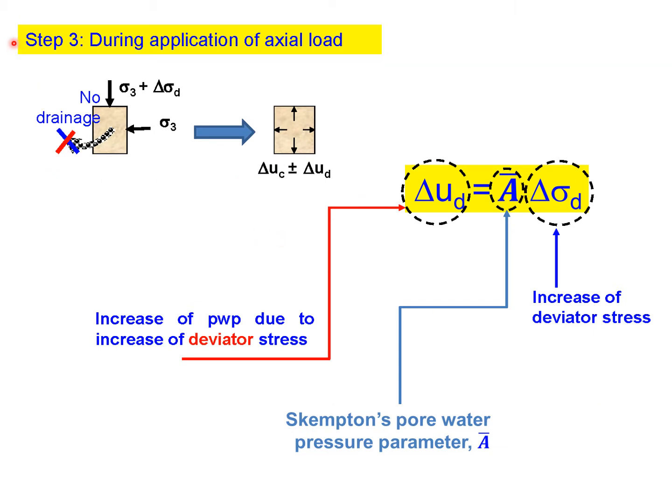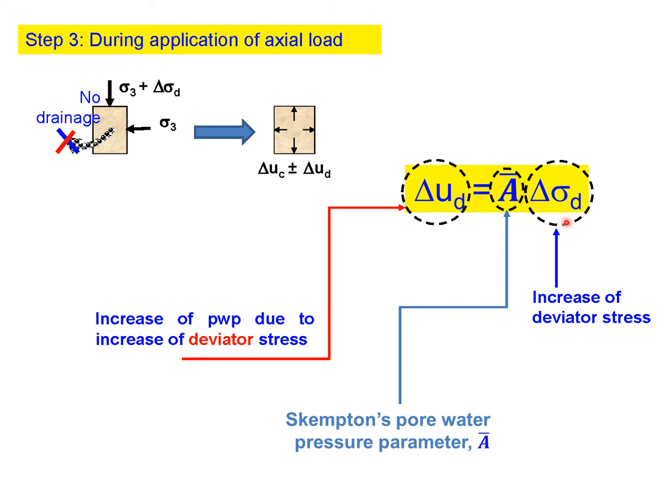Step 3, during application of axial load, that means deviator stresses are being induced. So sigma 3 plus delta sigma D over here, sigma 3, and here now you are having the pore water pressure change, that is delta U sub C plus minus delta U sub D. And now again look at this equation, delta U sub D is equal to A bar into delta sigma D, whereas this one, delta U sub D, is the increase of pore water pressure due to increase of deviator stress.